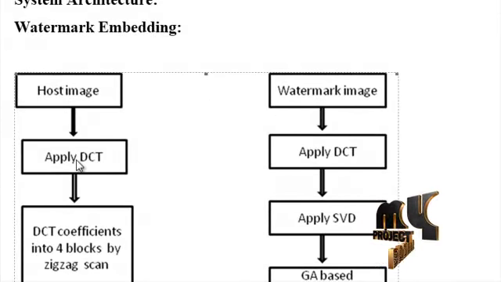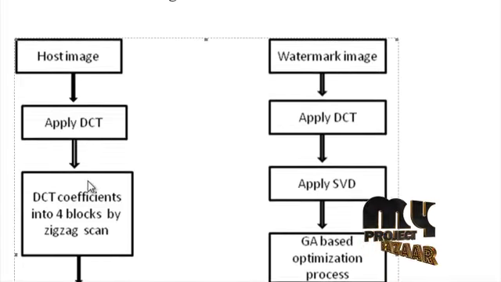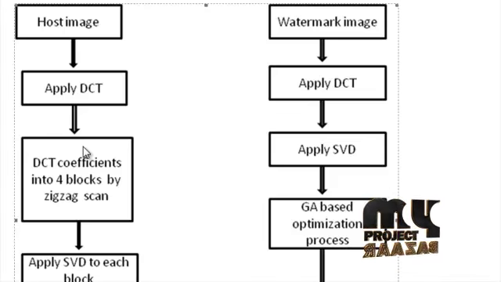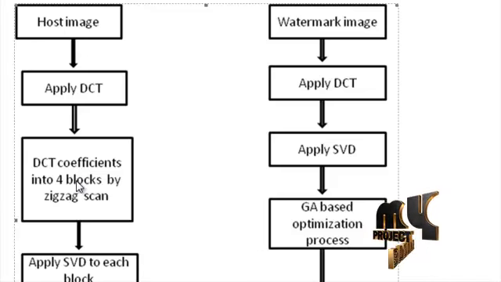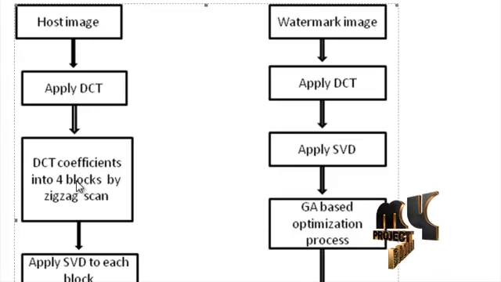First, we apply the discrete cosine transform to the host image and use the zigzag space filling curve for the DCT coefficient. The DCT coefficients in the zigzag manner are then mapped into 4 areas with different frequency in a rectangular shape.